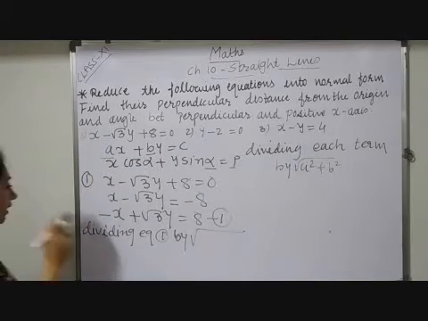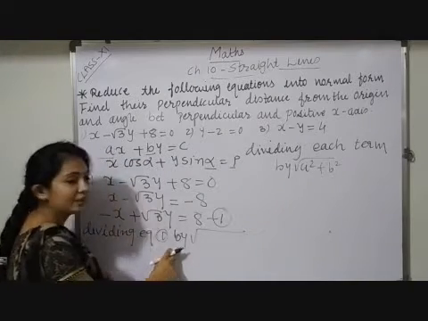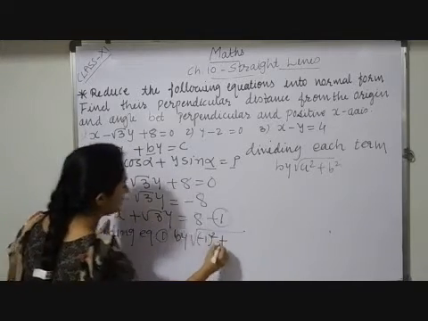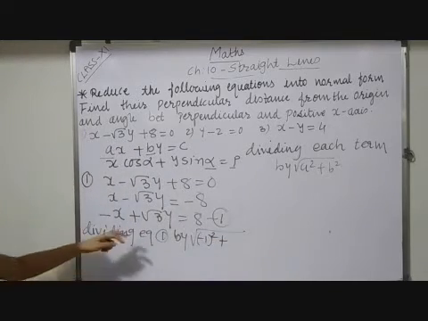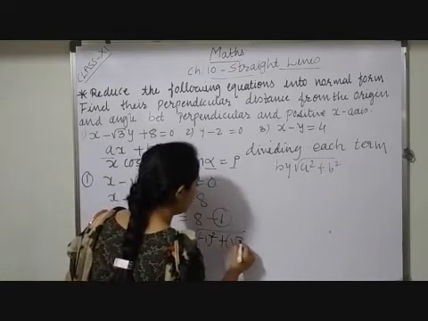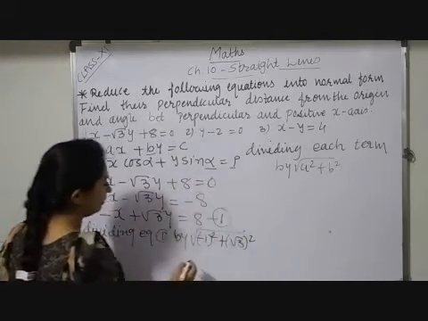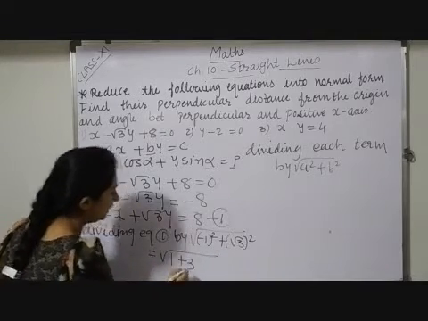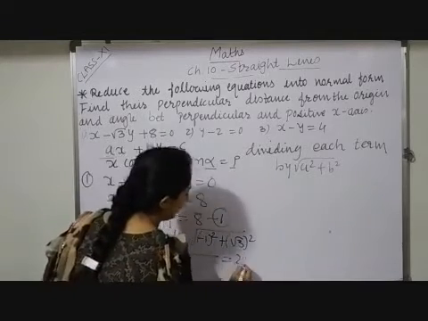So here that is minus 1 square plus minus root 3 square. When I simplify, I get under root of 1 plus 3, that is root 4, which equals 2.